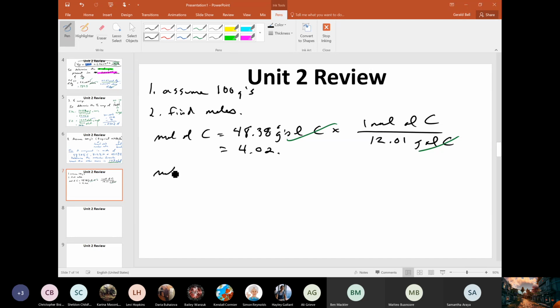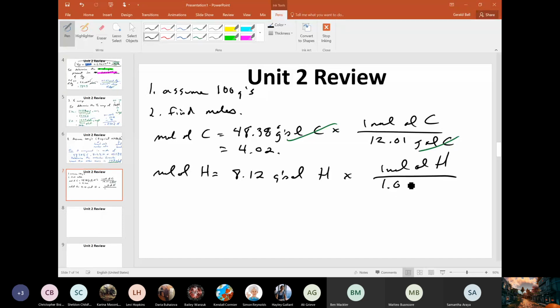So now we've got to find the moles of, what's the next one here? Hydrogen. And I think we have 8.12 grams of hydrogen. And again, 1 mole on the top, but this time it's of hydrogen.